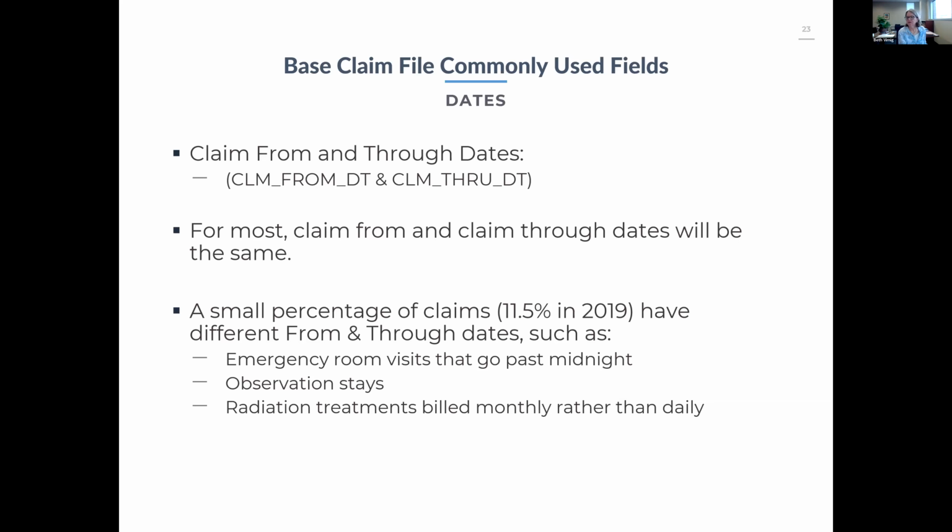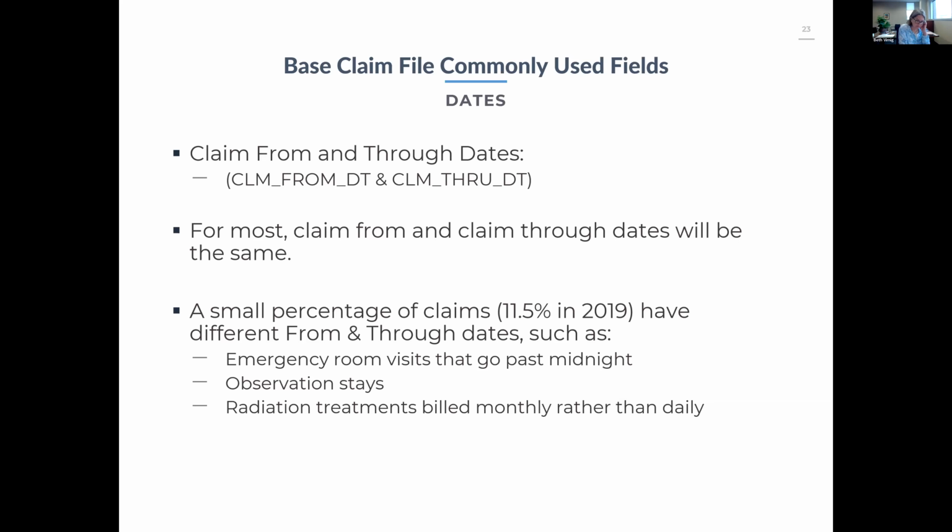Now I've got a question, which is, what is a claim through date? A claim through date is: what I am billing for starts on date whatever and ends on date whatever. So if it's a single day and it is today, today is June 23rd, the claim from date is June 23rd, and all the charges are through June 23rd.